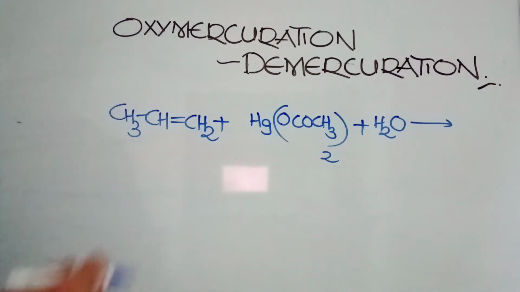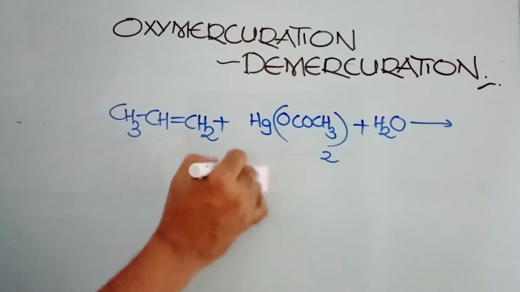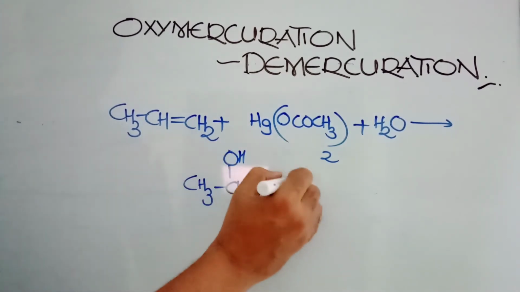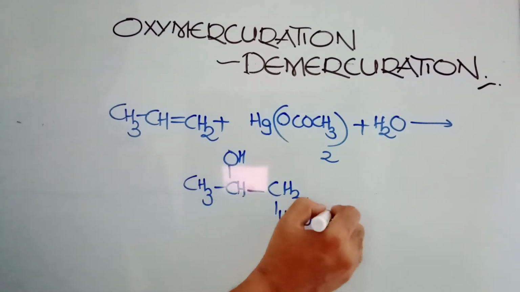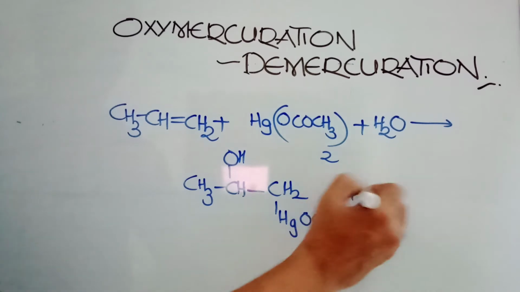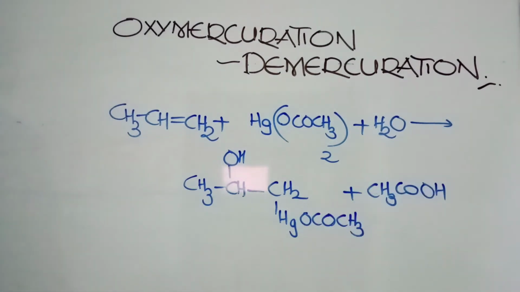What actually happens is, this part is converted to OH, and this will be added with mercury, HgOCOCH3. One CH3COOH is out. This is the first step. I'll give you the mechanism of how this step comes, but first I will give you this.